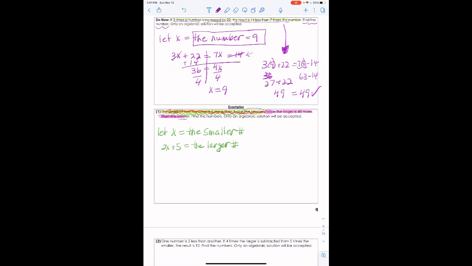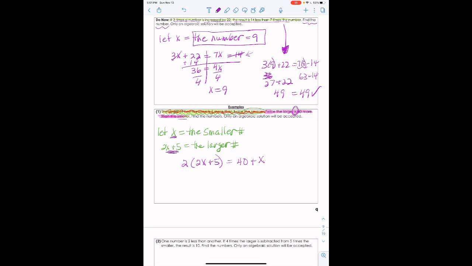Okay, so twice the larger, which means twice my larger number. So twice the 2x plus 5 is my equal sign, is 40 more than the smaller, which is the x. So twice the larger number is 40 more than the smaller number.